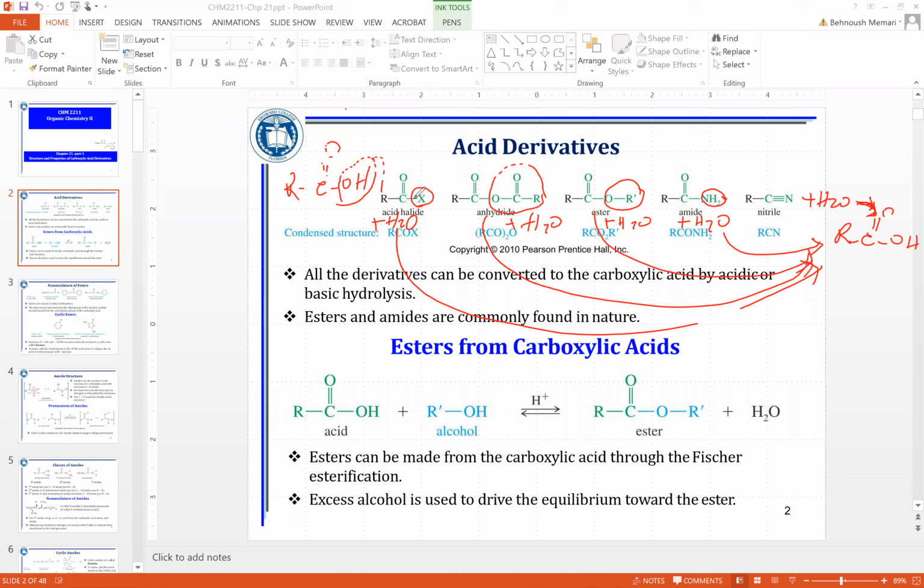The byproduct for acid halide is going to be HCl, but for acid anhydride it's a second molecule of carboxylic acid. The byproduct of ester is alcohol. The byproduct of amide is ammonia or amine, depending on whether it's a primary, secondary, or tertiary amide.